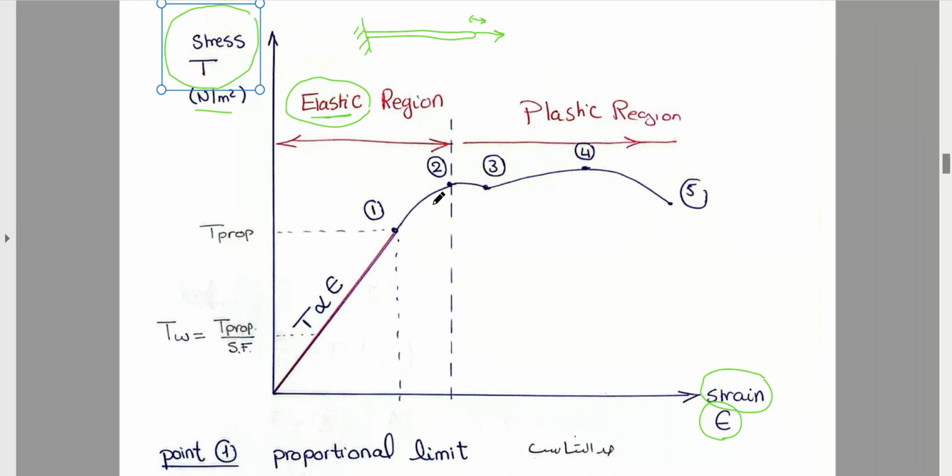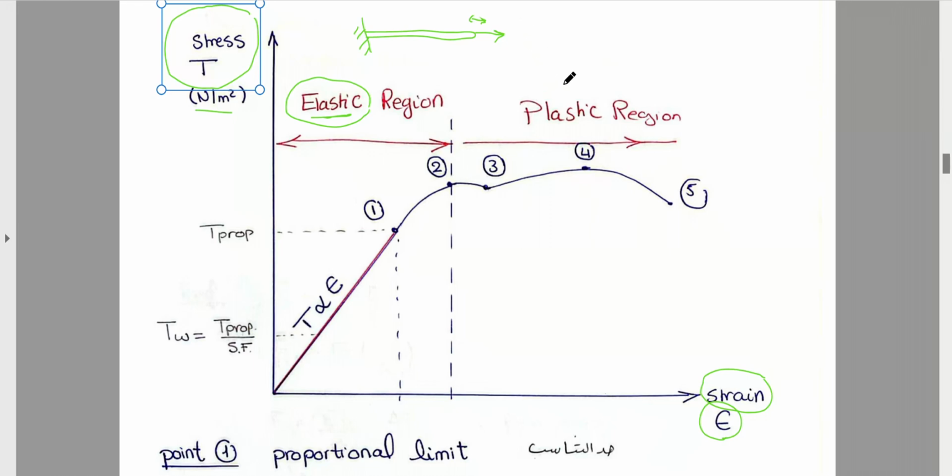Strain is zero. But starting in this region after point 2, if you remove the stress, the strain is not removed completely. You will find the deformation is permanent.